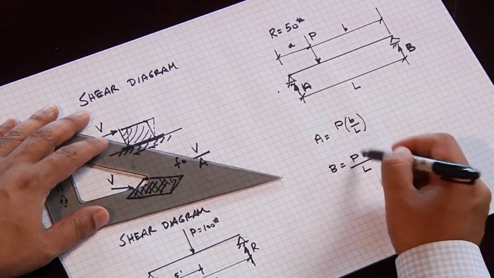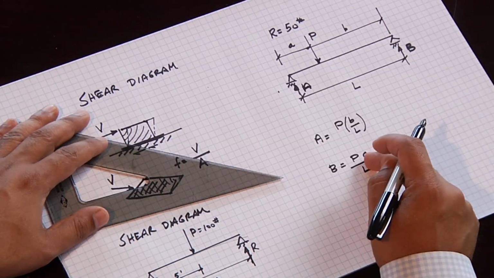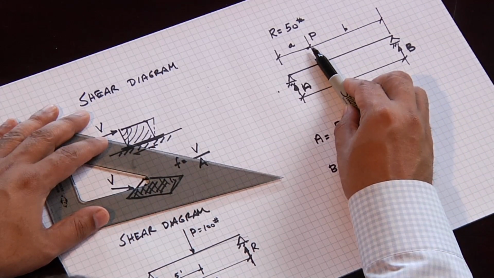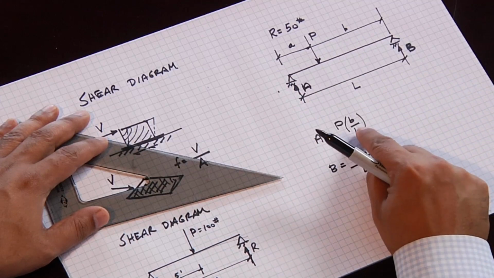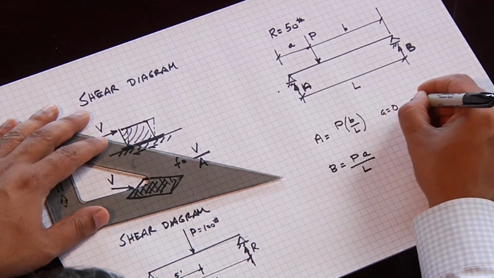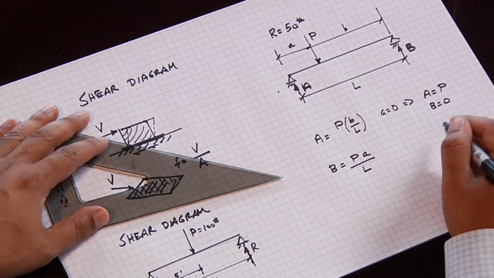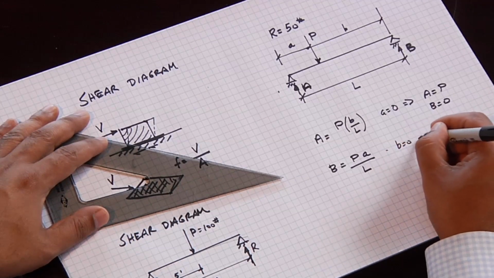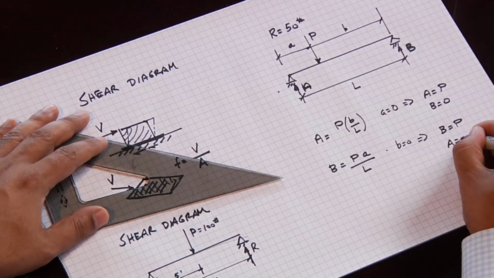So when A and B are equal, A equals exactly half of P, and if the distance from P towards A reaction approaches 0, you can see what happens is B approaches L. And so if A were 0, that tells us that A would equal P and B would equal 0. And the same thing would happen on the other side. If B were equal 0, then that would tell us that B would equal P and A would equal 0.